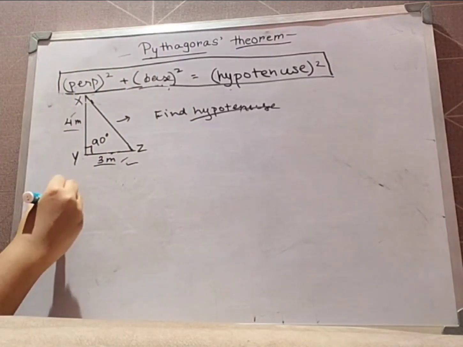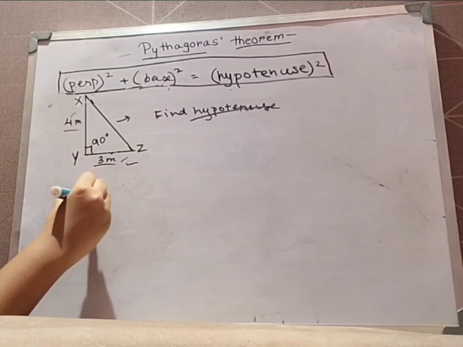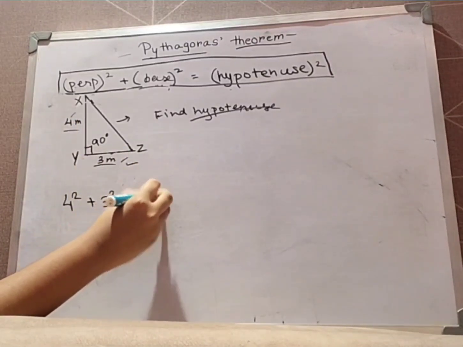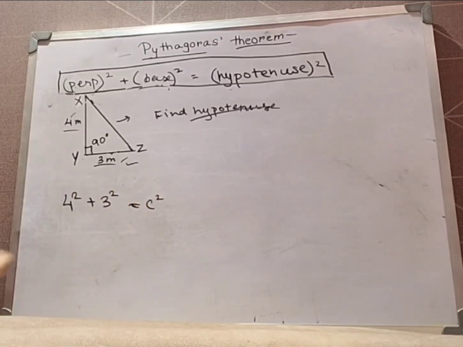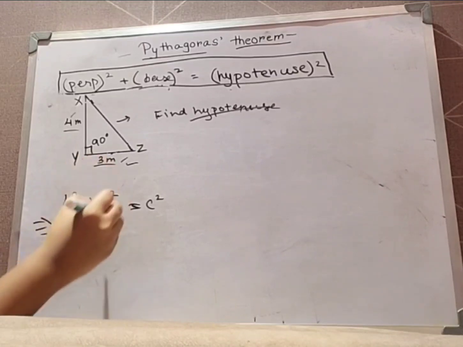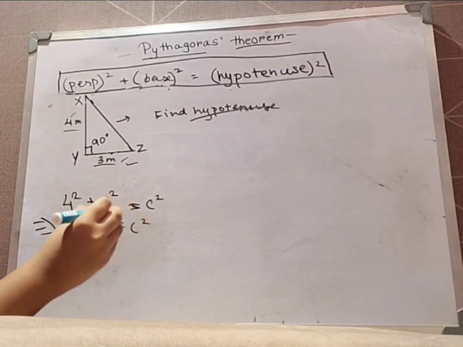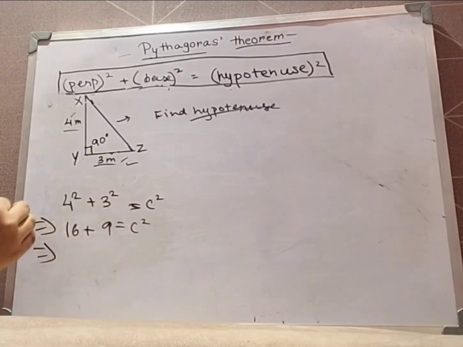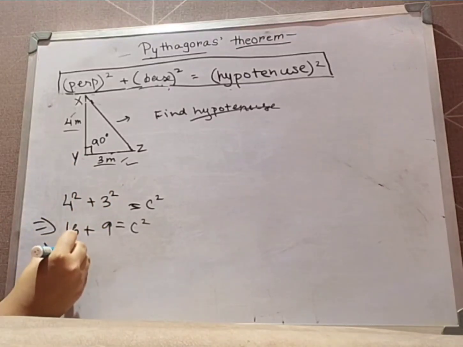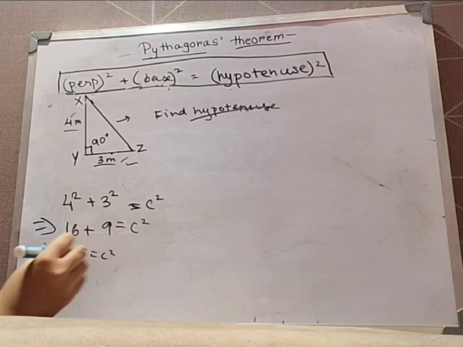So you just have to write 4 square, which is the perpendicular, plus 3 square, which is the base, is equal to c square. C is our hypotenuse, and we don't know what it is. What is 4 square? It's 16. What is 3 square? It's 9. 16 plus 9 is 25, which means 25 is equal to c square.